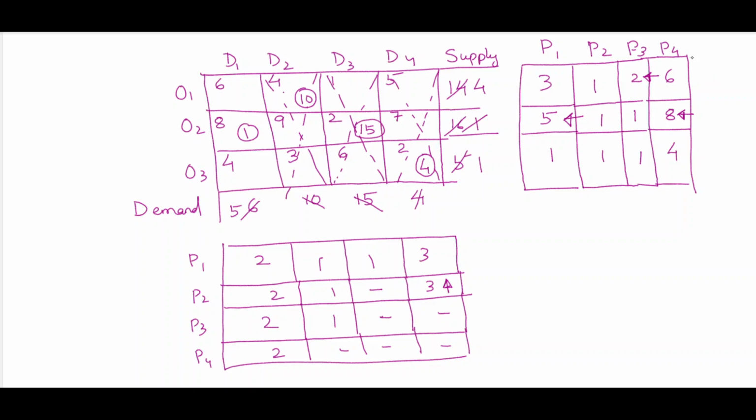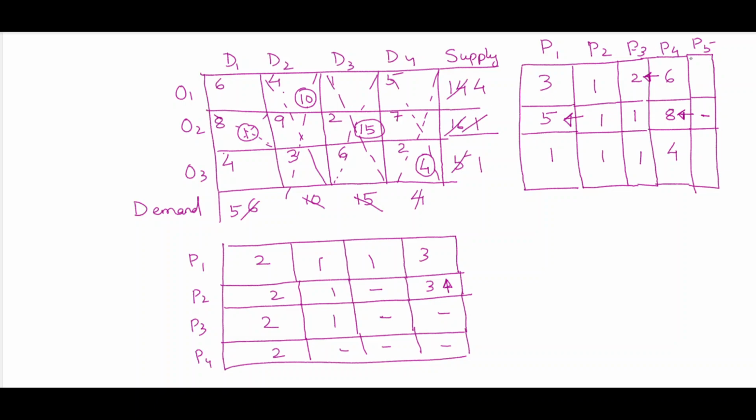Next we will compute penalty P5. Now this row is completely exhausted, so we will make it dash here. This one is completely exhausted.